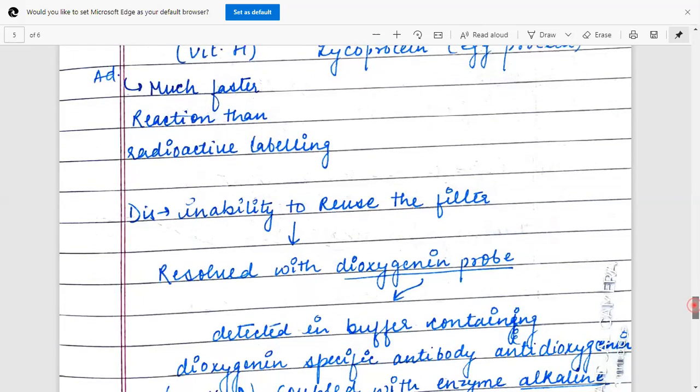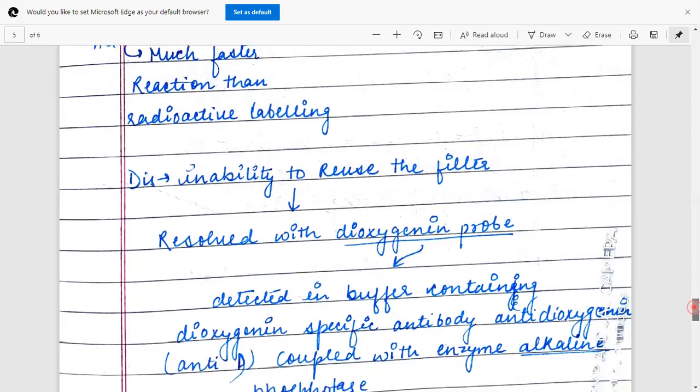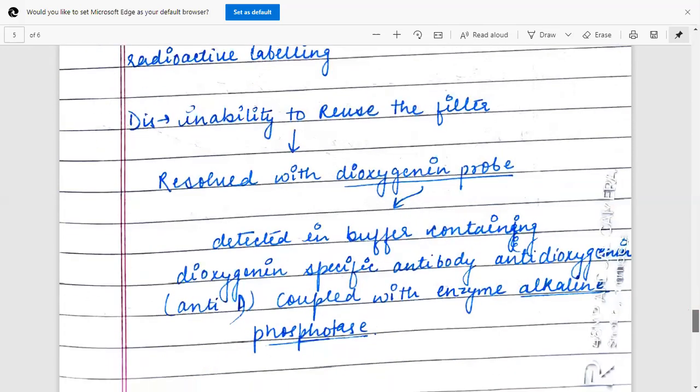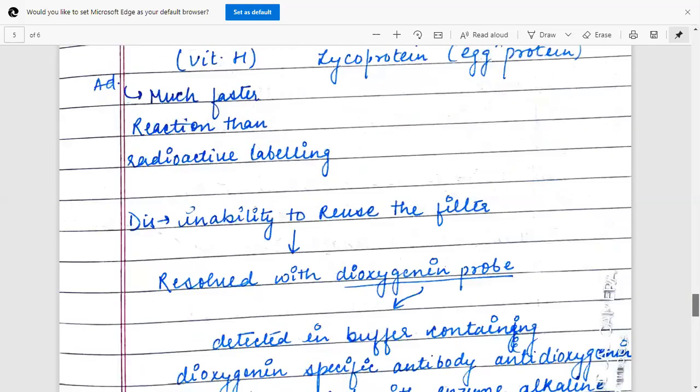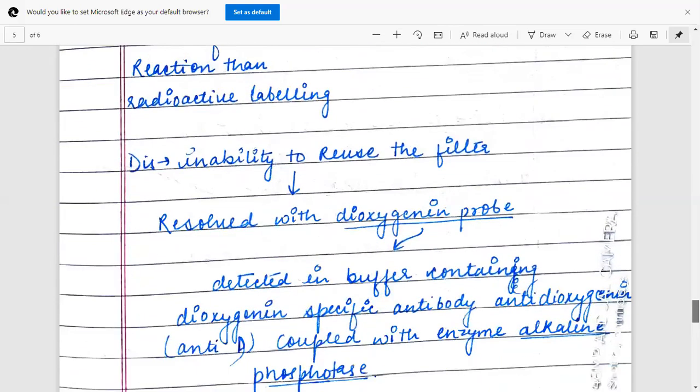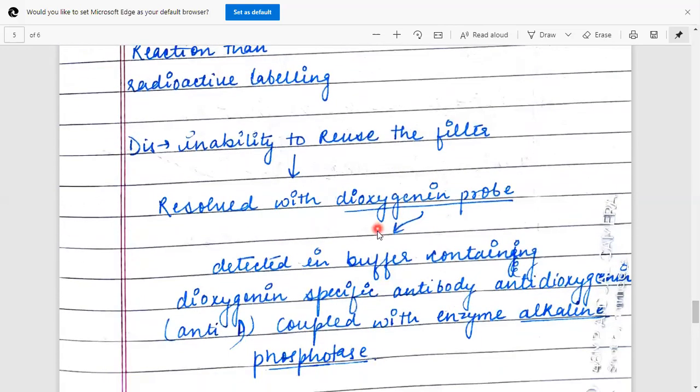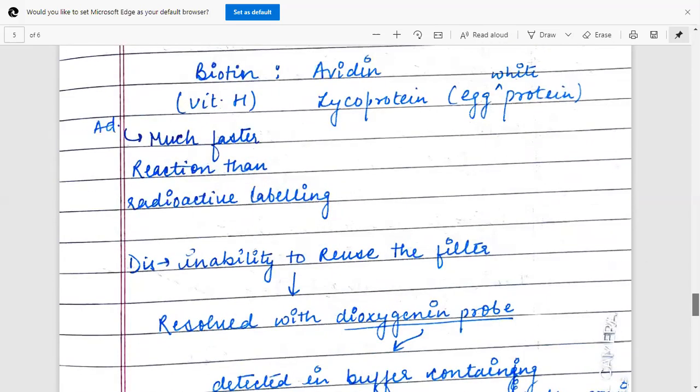That is the advantage here, but there is also a disadvantage: we can't reuse this, because of the inability to reuse the filter.